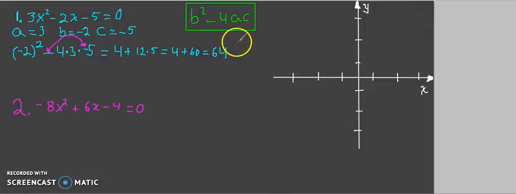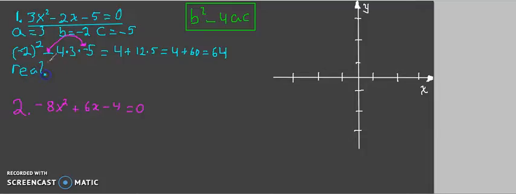So, because this is a positive number, we know that this particular equation is going to have real solutions. So if the question is asking, does this equation have real or imaginary solutions, you can just go ahead and finish there and say real.